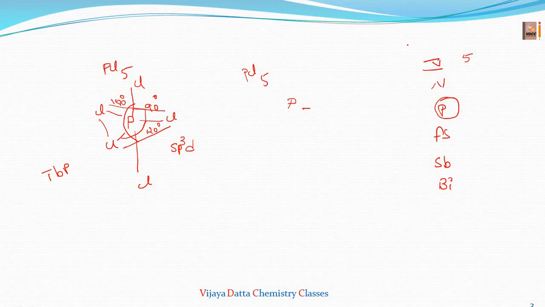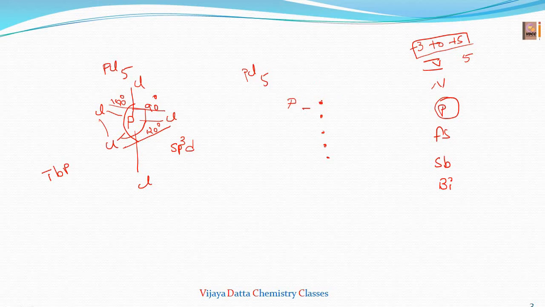So fifth group elements can have oxidation states from -3 to +5, and its valence electrons are 5. Valence electrons will be equal to its group number. So phosphorus has how many valence electrons? 5 valence electrons. So I'll take 1, 2, 3, 4, 5. Phosphorus has 5 valence electrons.